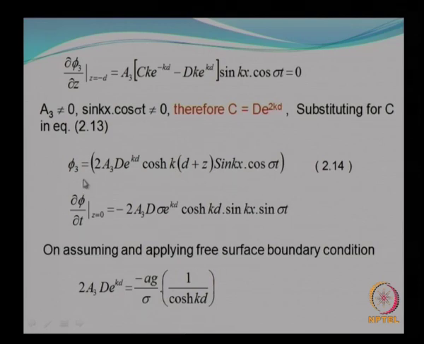If I differentiate that with respect to t, in order to apply the dynamic free surface boundary condition, I get an expression as shown here. This is obtained by applying the dynamic free surface boundary condition.